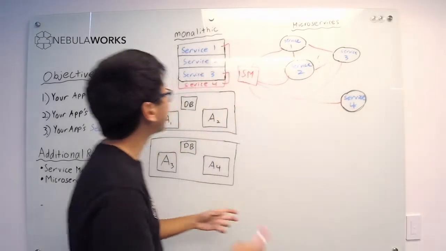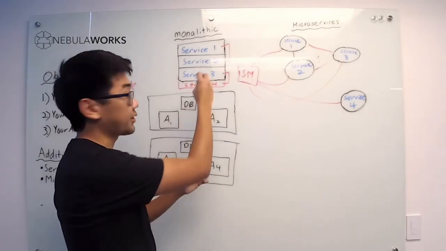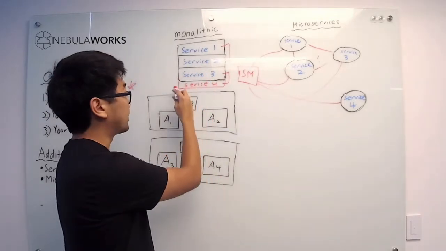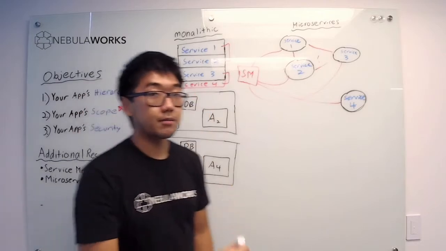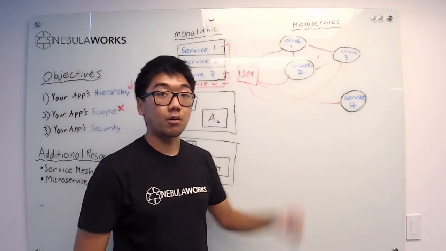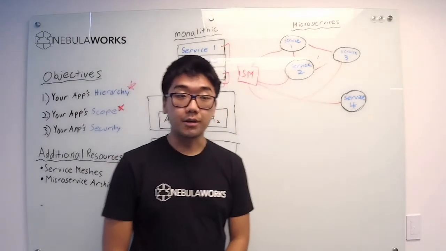So when we're updating our monolithic application, we would add a service to our layers and hard code our communication line to the other layers.